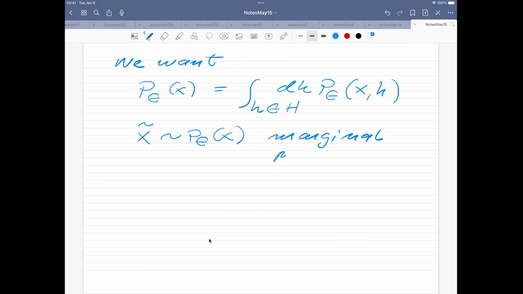This is called the marginal probability in statistics. And this model p theta is normally then an optimization problem where we have an argmax with respect to the parameters theta, of P theta of x.